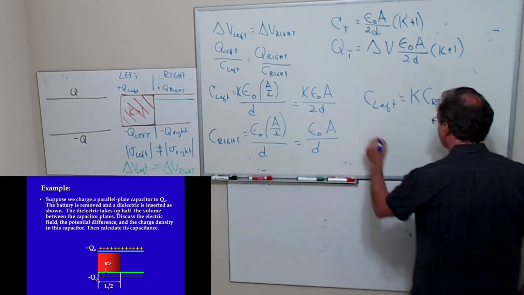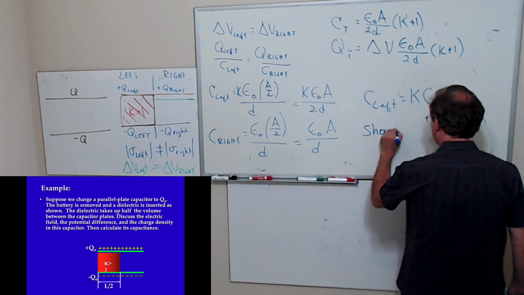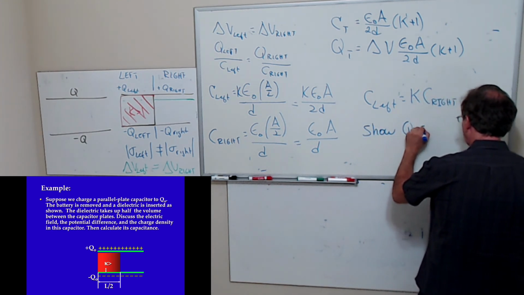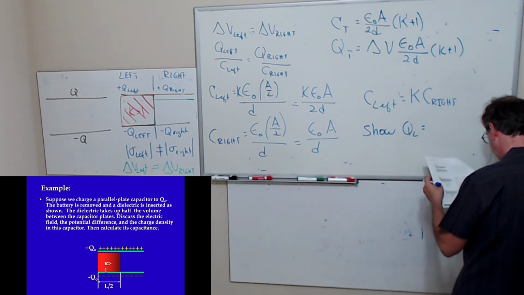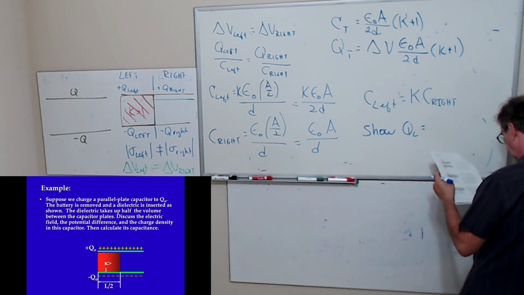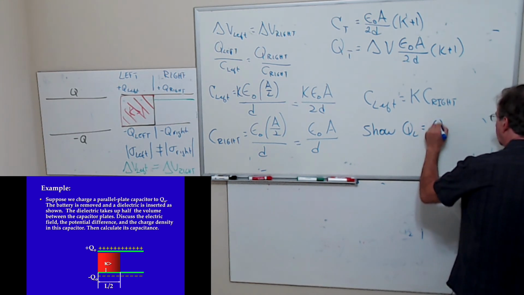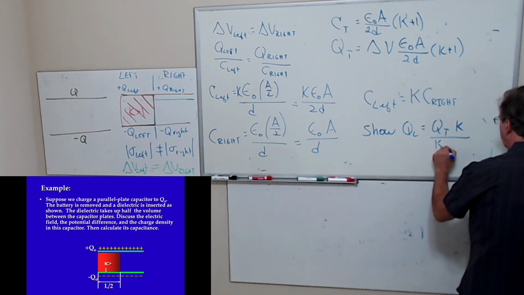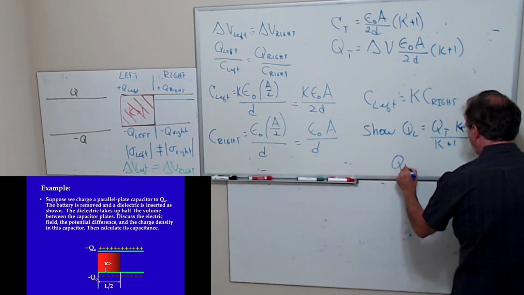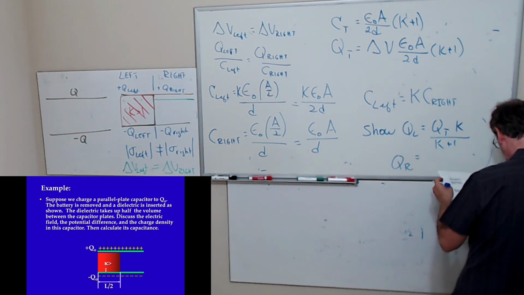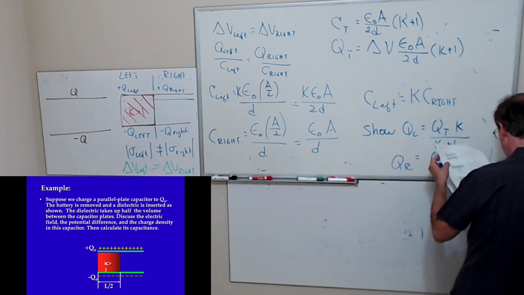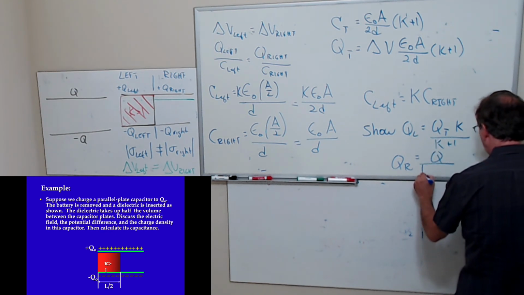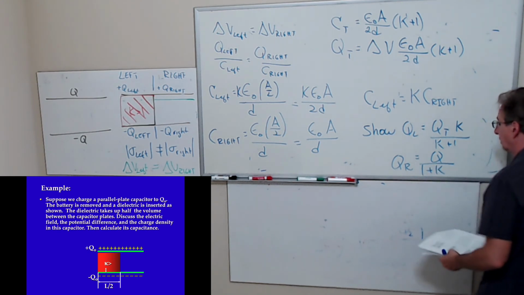You can show that Q left is equal to, in the interest of time, I'm just going to write it down. Q total kappa over kappa plus 1, and Q right is Q total over 1 plus kappa.